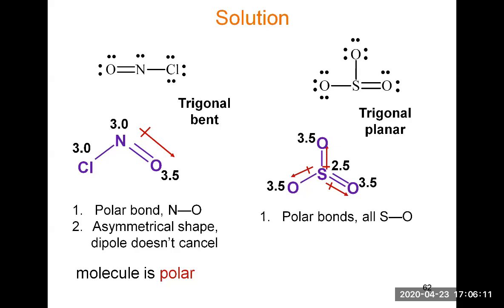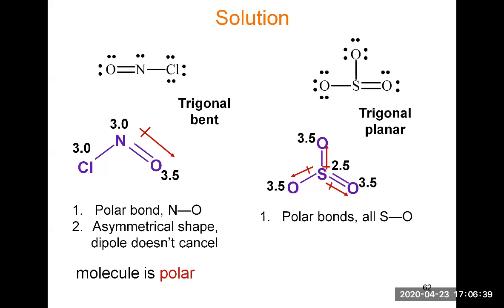All 3 bonds here are polar, and they're polar the same way. The electronegativity difference is 1.0 for each of them because it's the same 2 atoms. And so the 3 dipoles that are drawn here have the same strengths, the same length. They pull with the same strengths away from the sulfur towards the oxygen.